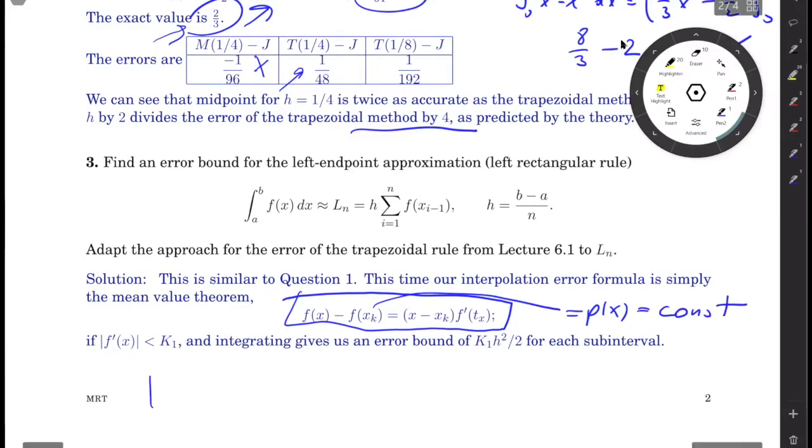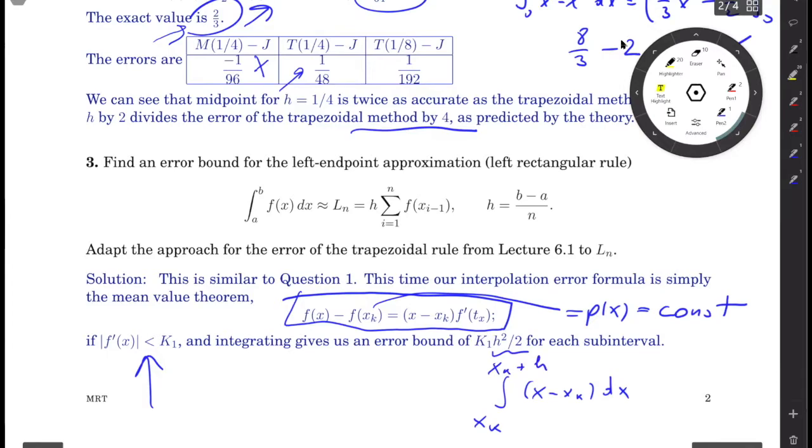And then we're assuming that we have a bound for f prime. And if we integrate this now, we get for each subinterval, we're integrating x minus xk. So that will give us an h squared over 2 for each subinterval. Okay, so the K1 comes from the f prime, and this comes from taking the integral of x minus xk dx from xk to xk plus h.